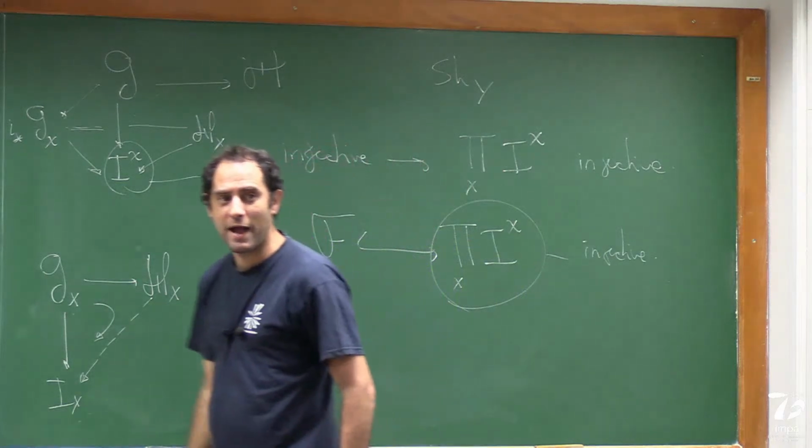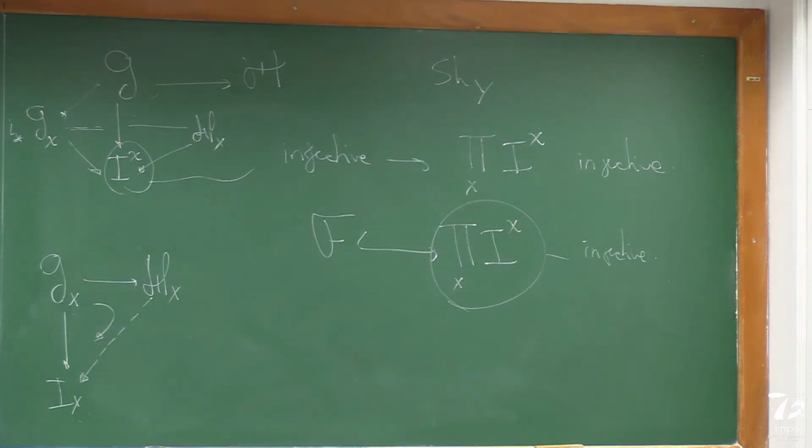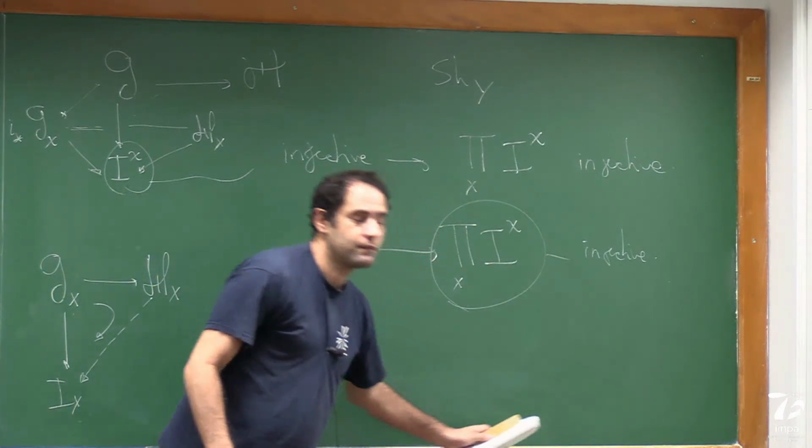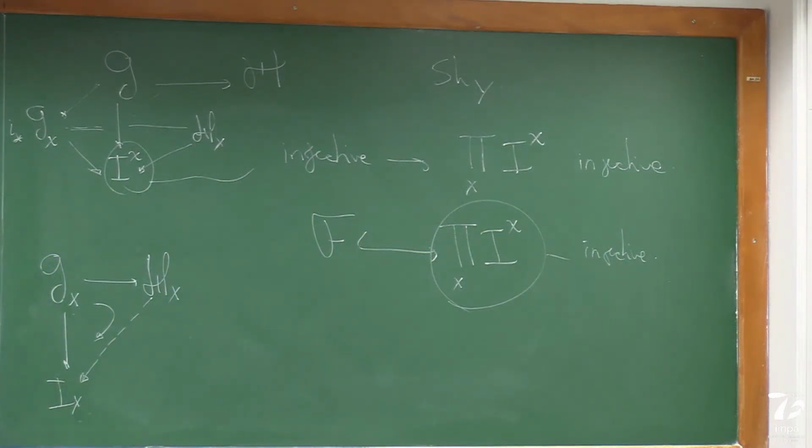Good. So at least we have a candidate to compute derived functors, because we can embed any sheaf of abelian groups into an injective sheaf of abelian groups. I mean, those are too large, so we need more interesting sheaves. But at least now we know that we have injectives, which is good.